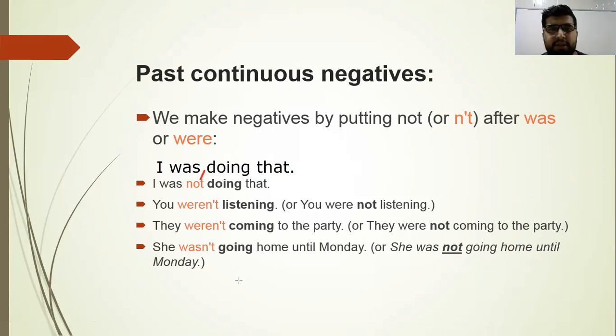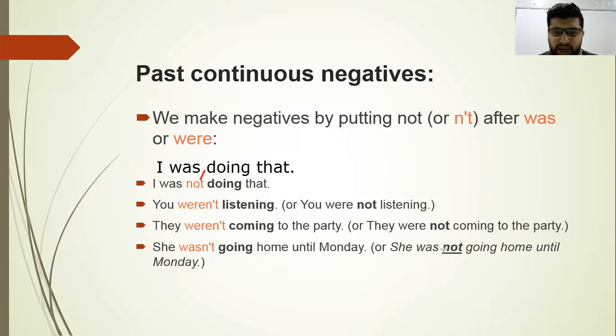We just add not. I was doing that, we change it to negative, I was not doing that. Or you can say I wasn't doing that. Both of them are correct.